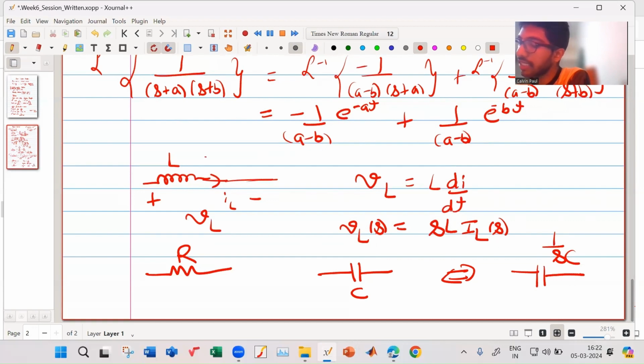The inductor is written as S into L. Sir, here VL of S equals SL into IL of S, if the initial condition is not taken, then this is the case.